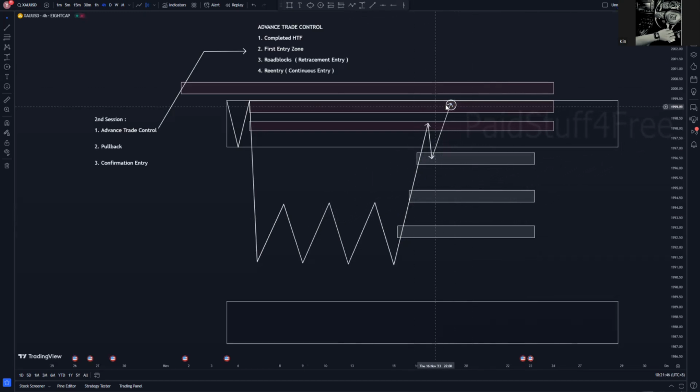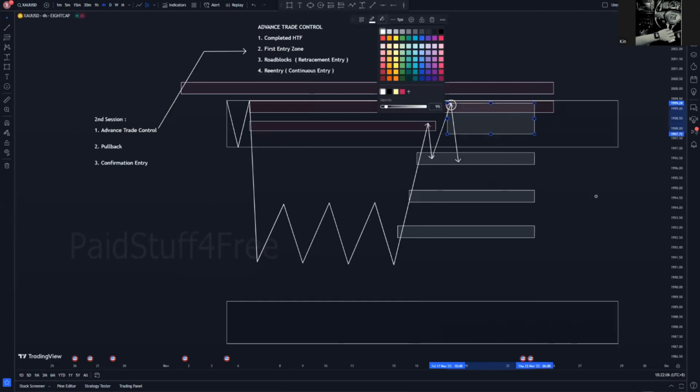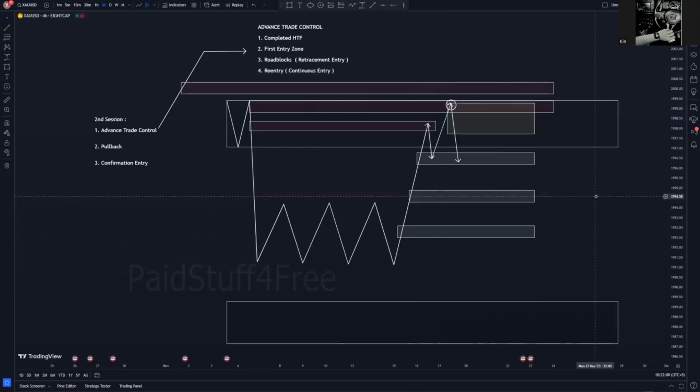The reason we take this trade using the M30 sell zone, like the first entry, is to make sure that the price is going to go down like this and then create the thing that we want, which is the engulfing sell, maybe somewhere around here. This engulfing sell has been created at the current market price. So on the first entry zone, we wait for the CE. Yes, exactly. No CE, no entry.